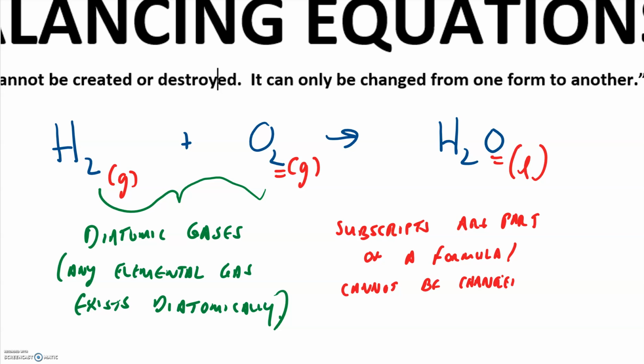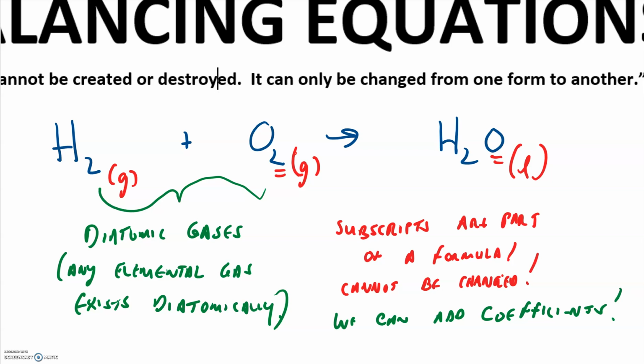But what we can do is we can add coefficients, and a coefficient is a multiplier. All it tells us is how many of each of these molecules we have. So we can't change subscripts, but we can add a multiplier. And let's take a look at what we mean.